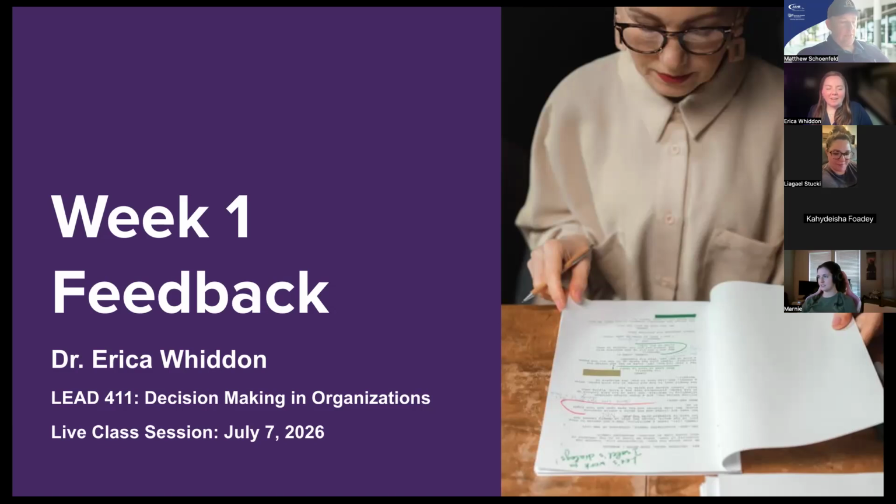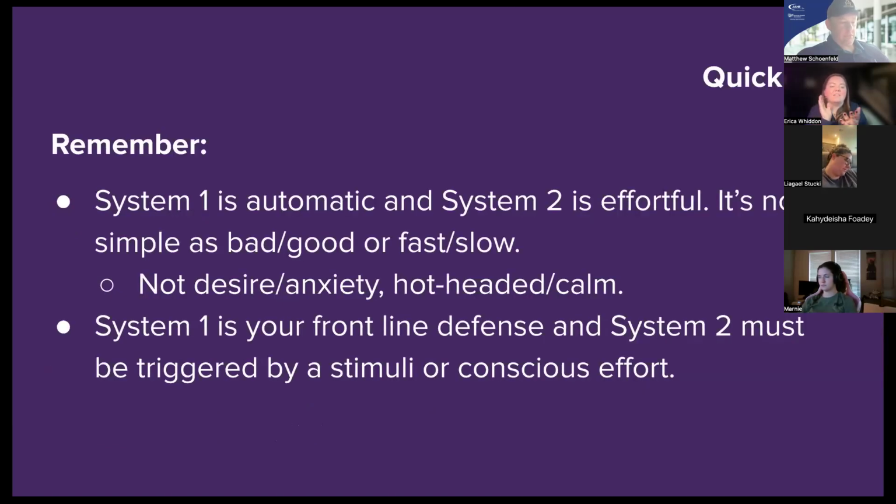So, talking about feedback, let's talk through a little bit of that. I think the big thing that I see in this is a characterization of System 1 and System 2. I see a lot of folks saying System 1 is bad and System 2 is good, or System 1 is fast and System 2 is slow. And we do have this author to blame for that.